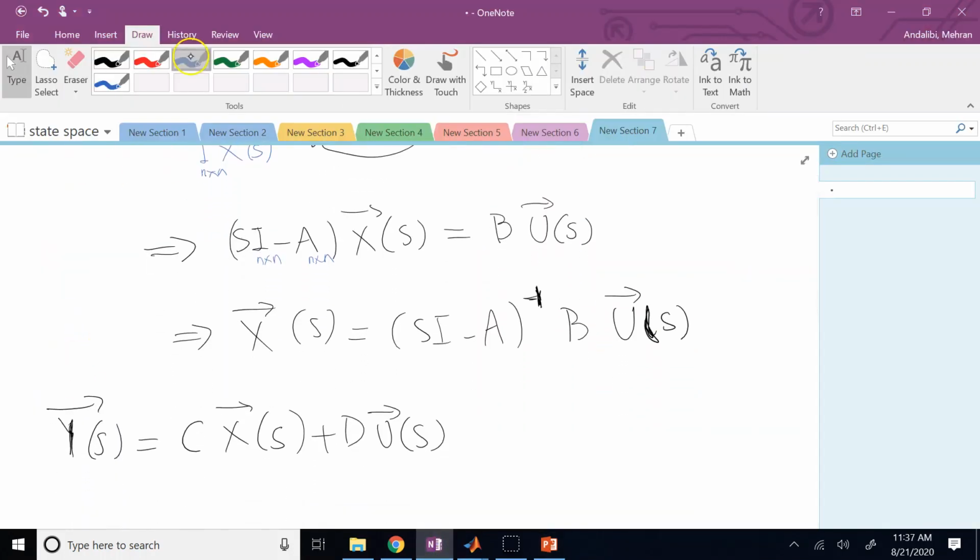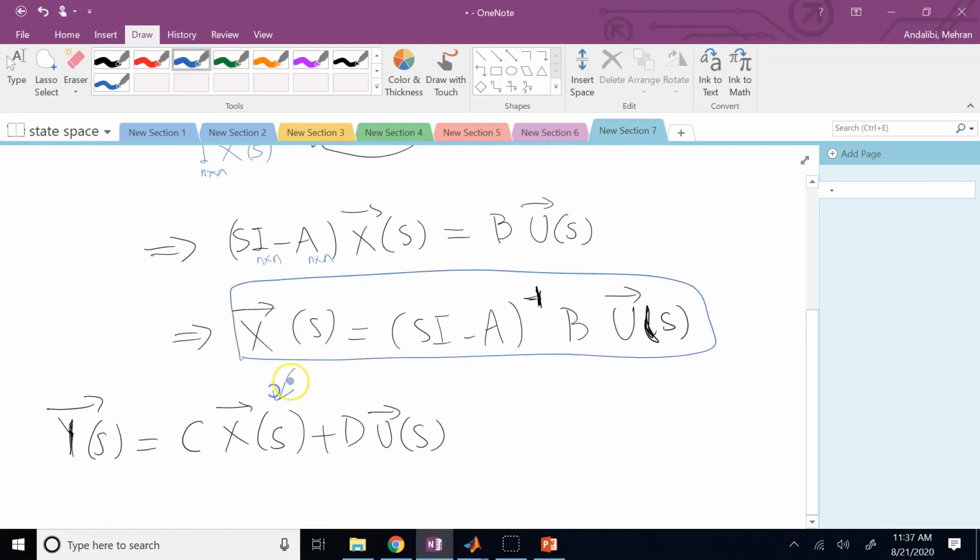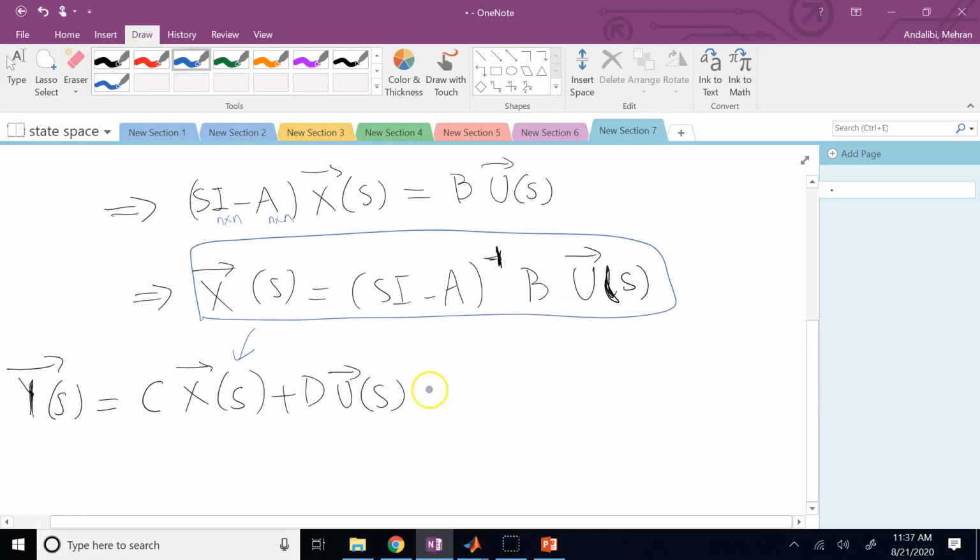So I bring that thing right here. And so you have something times U(s), another thing times U(s). So you can factor it out. It's going to be this big matrix times U(s). What is that matrix? It's going to be C times (sI minus A) inverse B plus D.